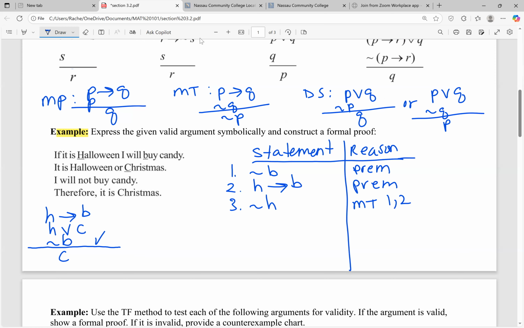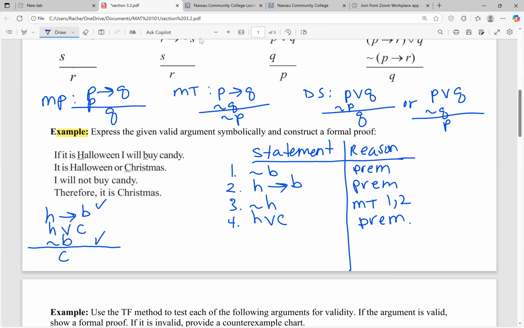Now I only have one more premise, which I'm going to state as number 4, H or C. It's true because it's a premise. And I have a disjunction. So you see 3 and 4, if I have not H and H or C, right?